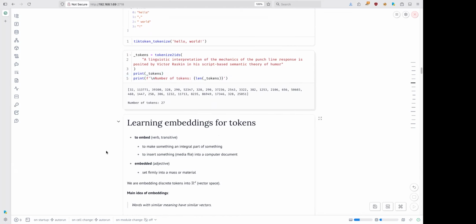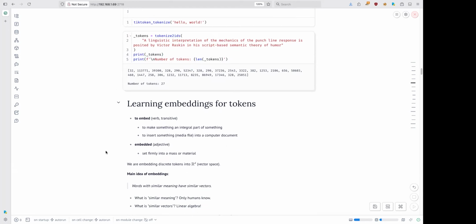Let's move on to learning embeddings for our tokens. First, let's deal with the word embedding, because it has its own meaning. To embed means to make something an integral part of something else, or to insert something into a computer document. And embedded, which is an adjective, means that something is set firmly into a mass or material.